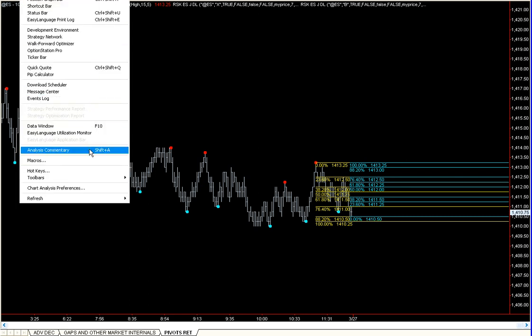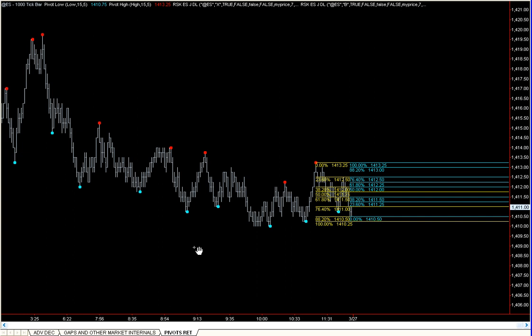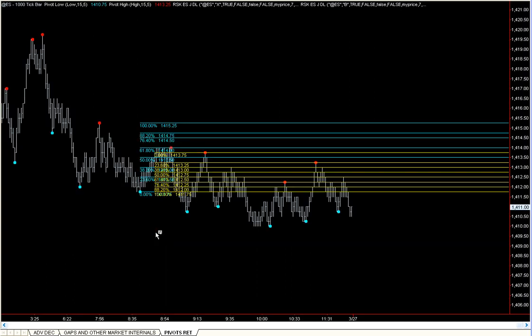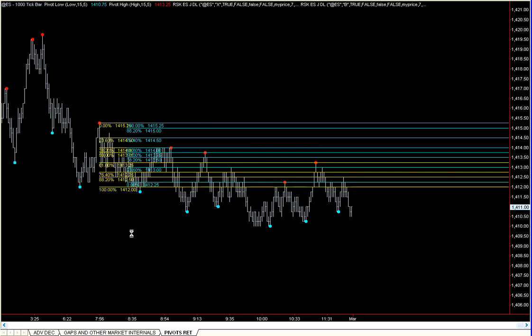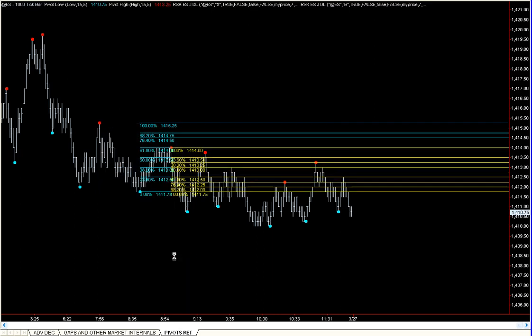That's right here. Now I've got that set up with a macro using Shift A. So in my case, all I do is I go to Shift A, click on any bar I want, and it'll tell me what the nearest Fibonacci numbers were based on the definition used in that particular workspace.